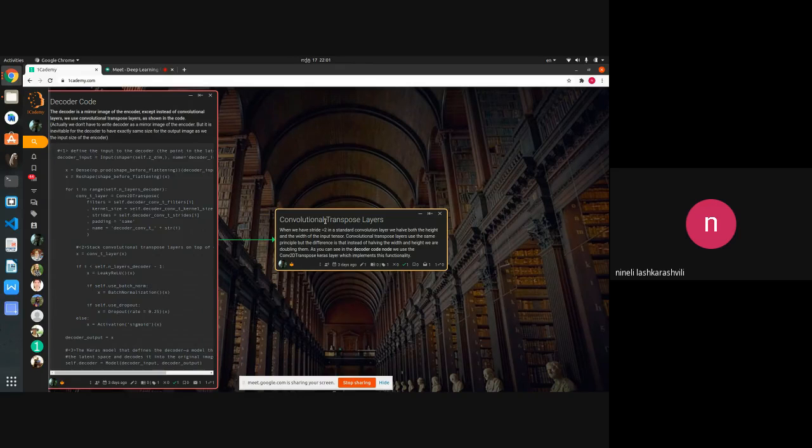I mean, if we would have here stride 2, then we would double both width and height. And as I showed to you, this Conv2DTranspose function is already implemented in Keras, and this implements the functionality which I described here.